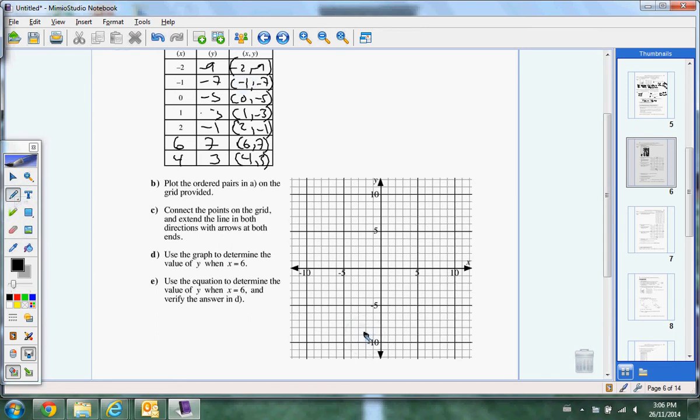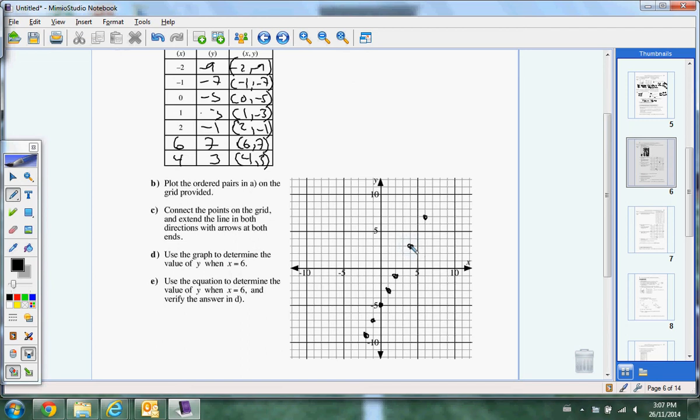Negative 1, negative 7. Right there. 0, negative 5. 1, negative 3. 2, negative 1. And 6, 7. 4, 3. Okay, so you can see that's a linear relation.